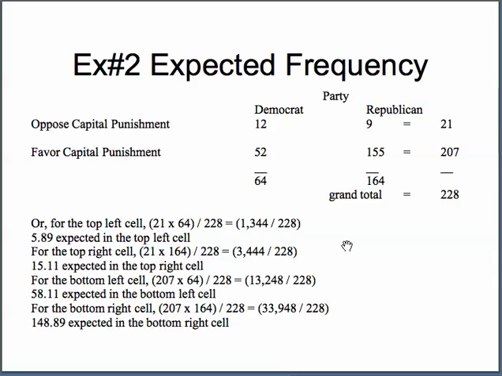For cell 4, 207 times 164 divided by 228 is 33,948 divided by 228, or 148.89 expected in the bottom right cell.